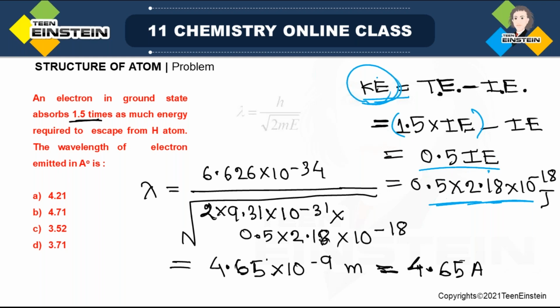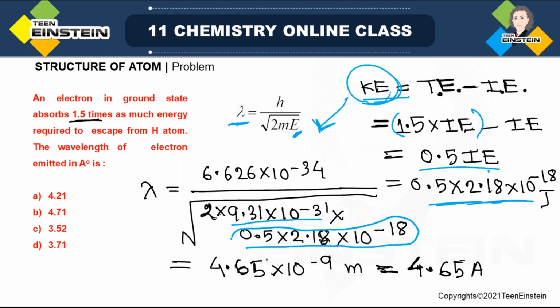Okay. Now remember this equation, because ultimately you have to find lambda. So now you will need this equation: h divided by root over 2mE. In place of E, you will put this value of kinetic energy. So h is 6.626 × 10^-34, which we have written here in the numerator, and in the denominator, within root, 2 into mass of electron, then this total quantity is kinetic energy.